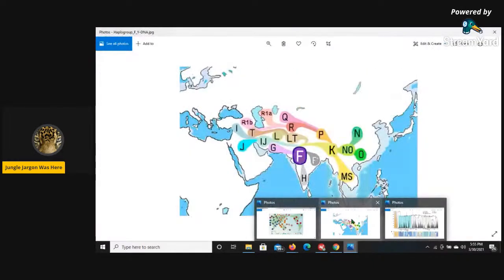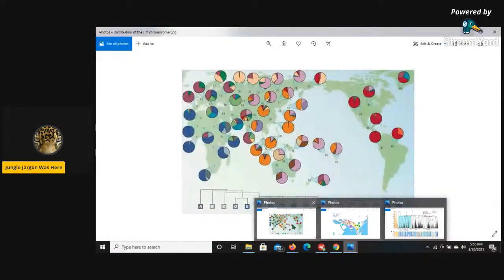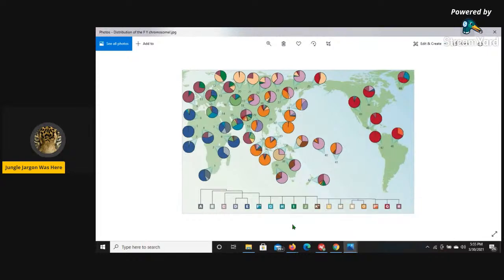Okay, so I was looking all over the place and I couldn't find where this FY chromosome had originated from until I hit this map here. And I was looking carefully, because you have to look carefully. And you can see this color here. It's not an E color, because these are the E colors here, but it's this color here.